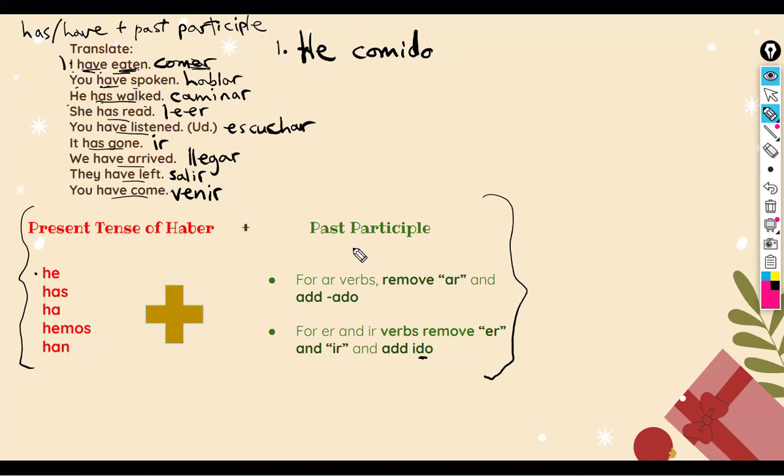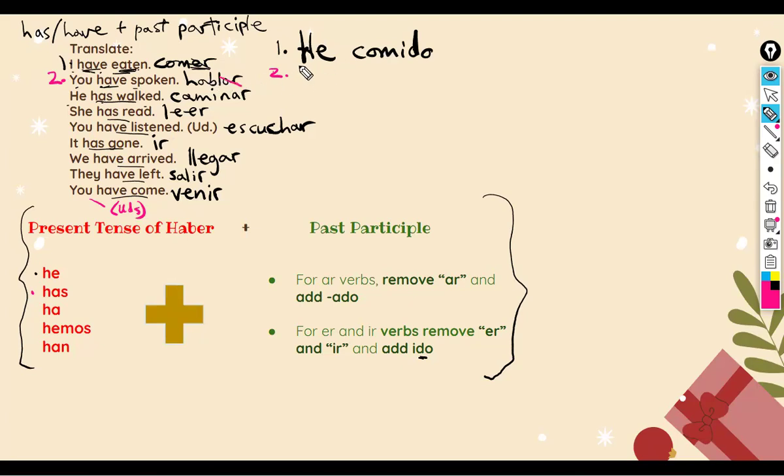Let me see if I can color coordinate a little bit. You have spoken, so that's the tú form. This you will be ustedes, right? So the tú form of the verb is has, right?